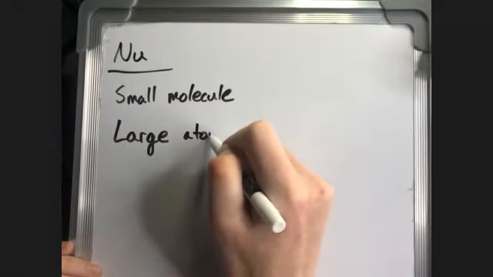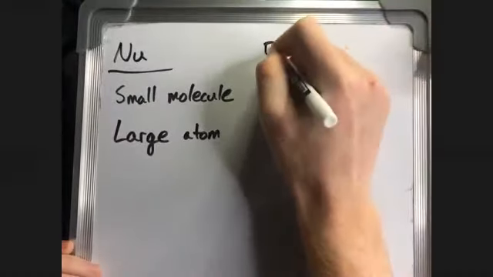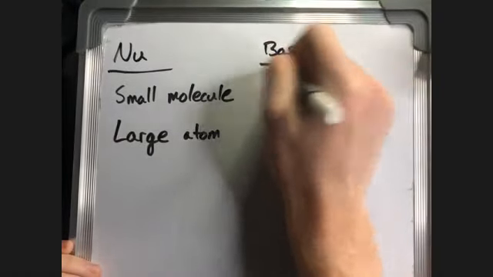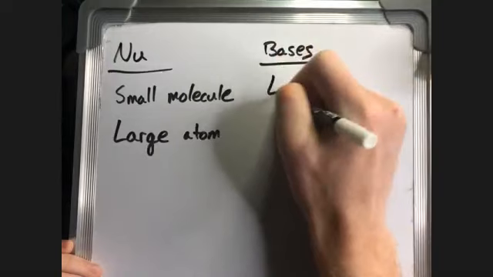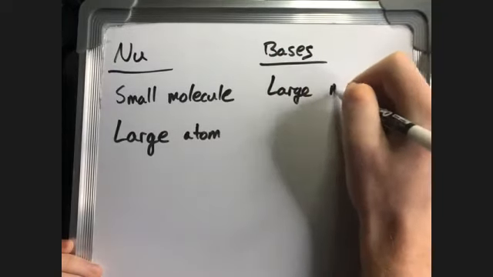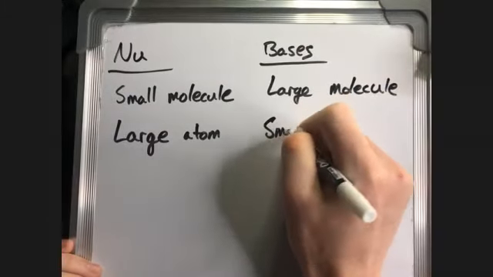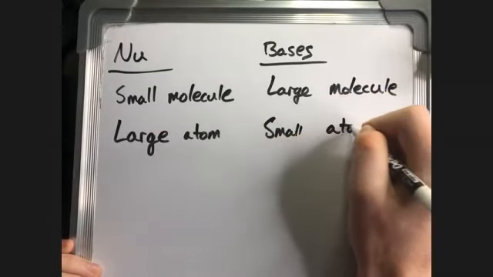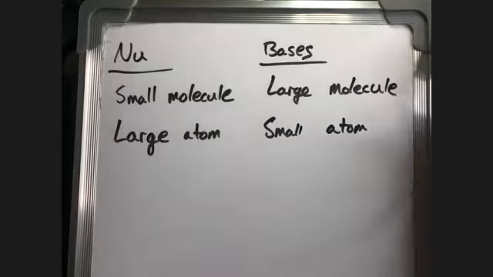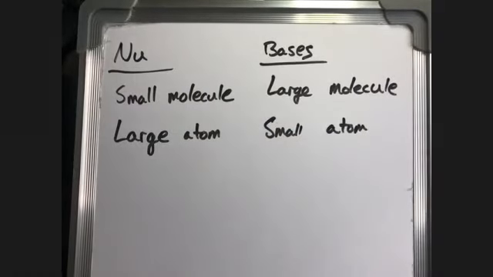And bases are the opposite. If you have a large molecule, but a small reactive center, a small atom. So again, you need to know the difference between a molecule and an atom for this to make any sense.